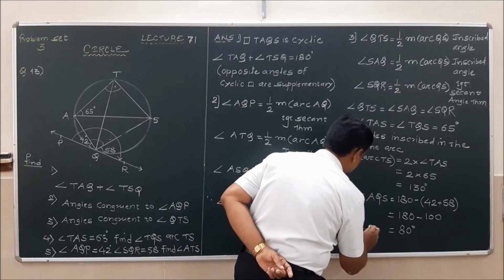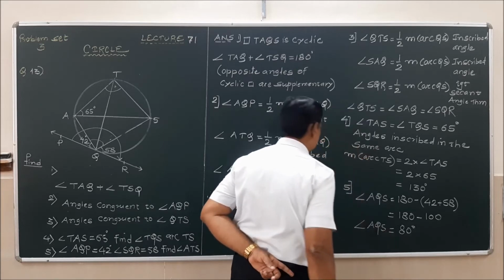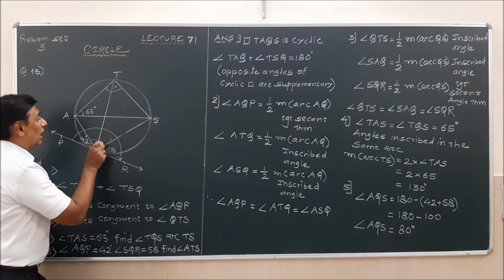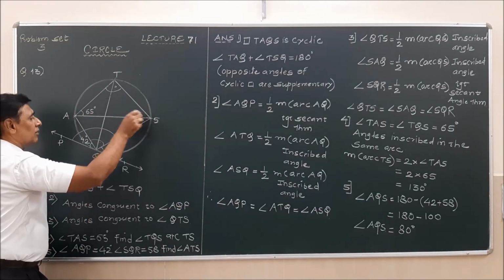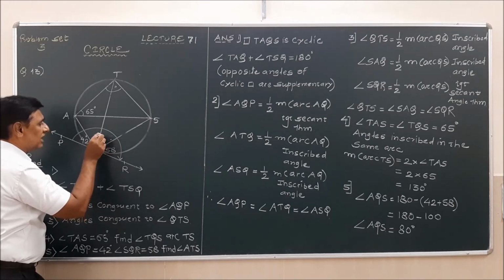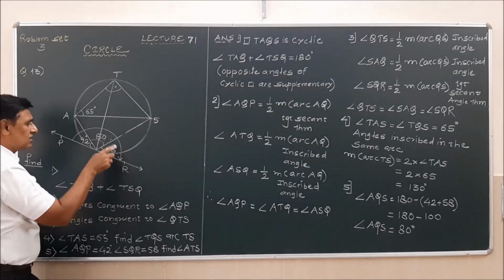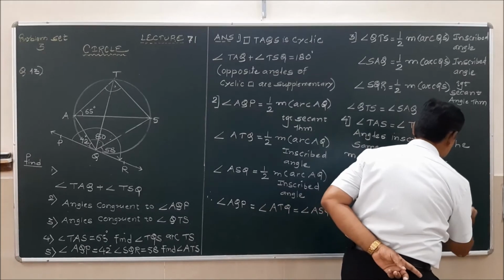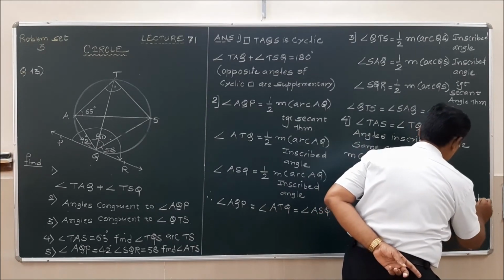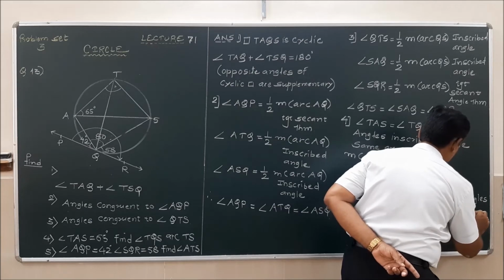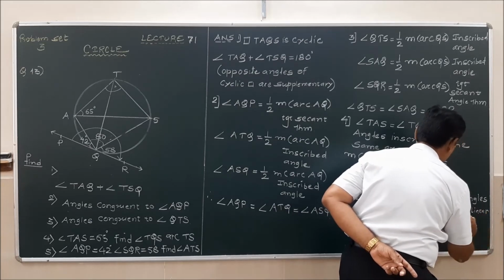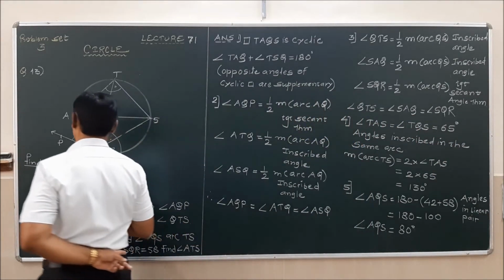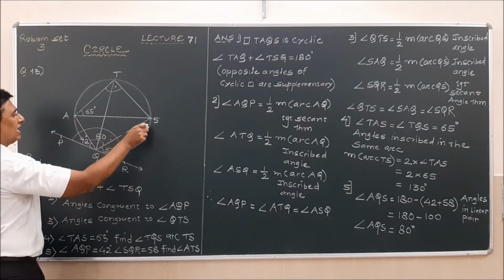So angle AQS is 80. Try to understand, we don't have to find out AQS, our question is to get angle ATS. But if you get this angle as 80, because the sum of all angles in a linear pair is 180, it is very important to get angle AQS, which is 80.